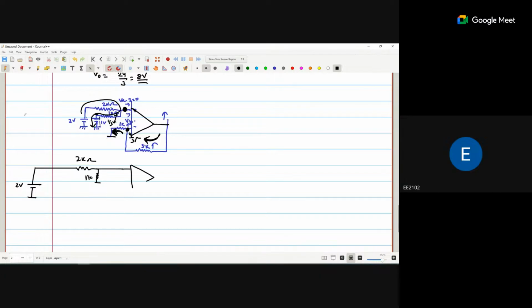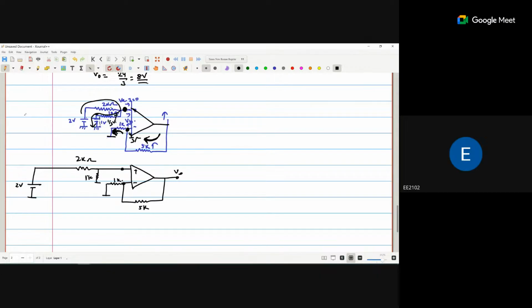This is the op amp, plus and minus. This is grounded. This is V0, 5k, 1k.